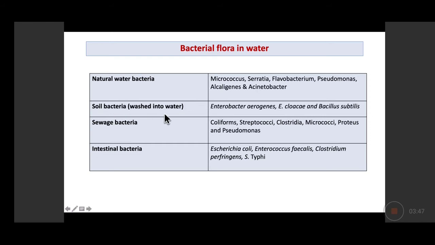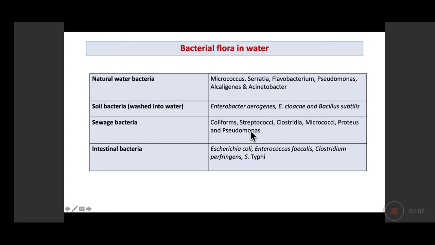Then there are certain soil bacteria which can be washed into water. For example, Enterobacter aerogenes and Enterobacter cloacae. These two bacteria belong to family Enterobacteriaceae. And then there is another spore forming gram-positive bacilli, that is Bacillus subtilis. Okay.